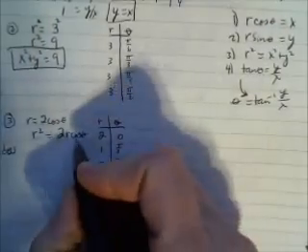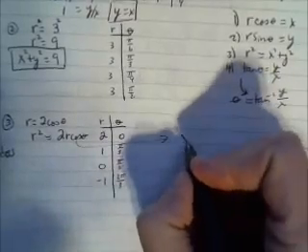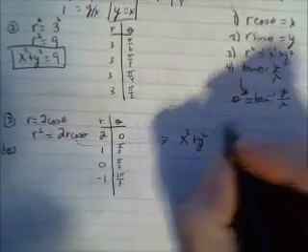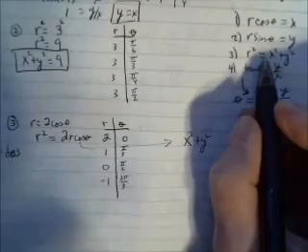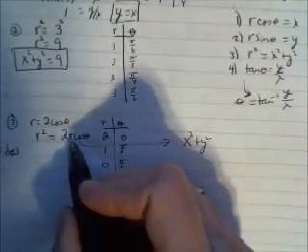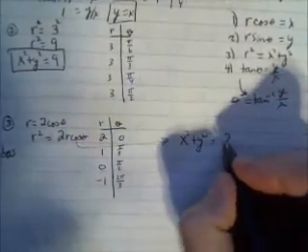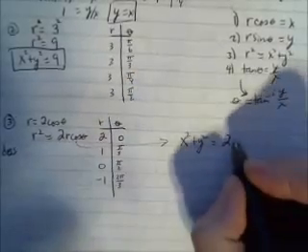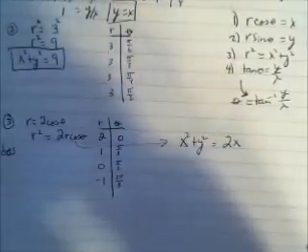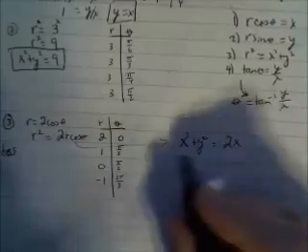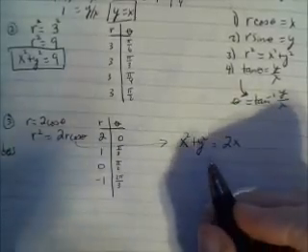Going over here, 2r cosine theta, well, 2 stays a 2, but r cosine theta turns into an x. And now we've gotten rid of the r and the theta, and we have this in rectangular form.